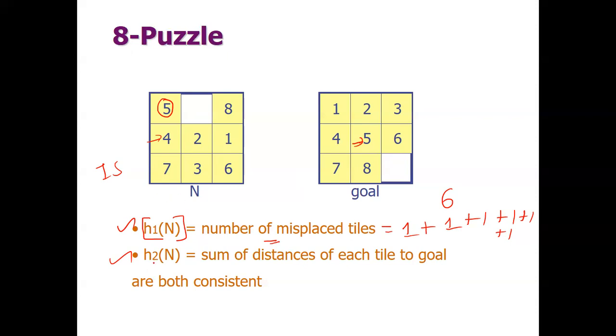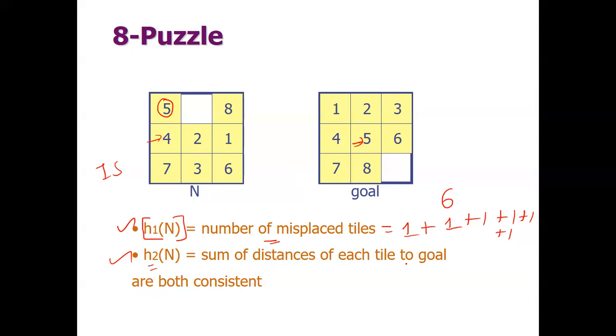But this problem can also be solved using this heuristic function h2 of n. What it says is the sum of distances of each tile to the goal. So this is the second heuristic.